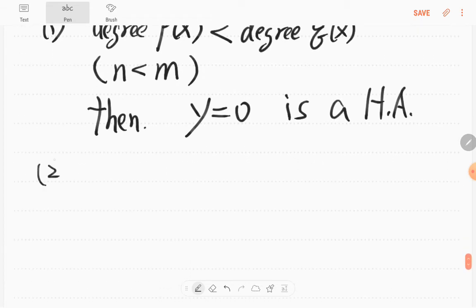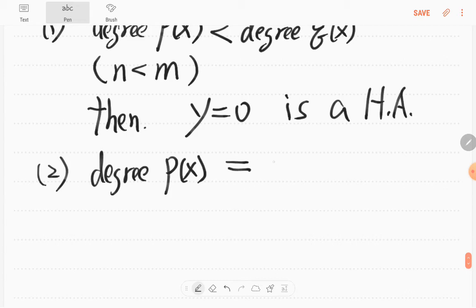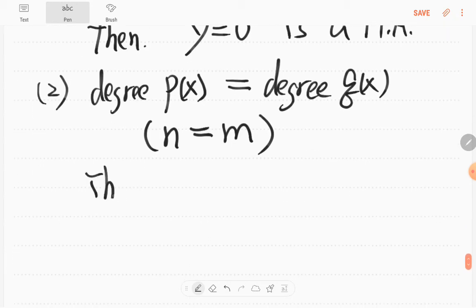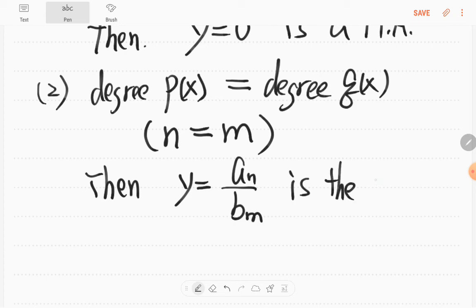The second case, if the degree of P(x), the top, is equal to the degree of Q(x), which means n is equal to m, then y equals a sub n over b sub m is the horizontal asymptote.